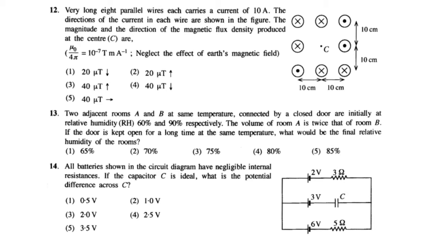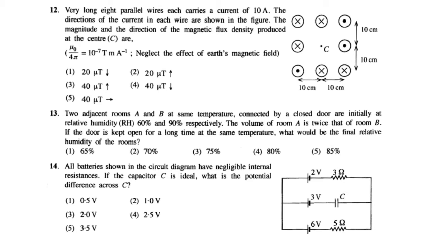And then we'll go for the equation of relative humidity, and also we should know that the mass of water vapor needed to saturate the B room is M. Then the mass of water vapor needed to saturate A must be 2M.